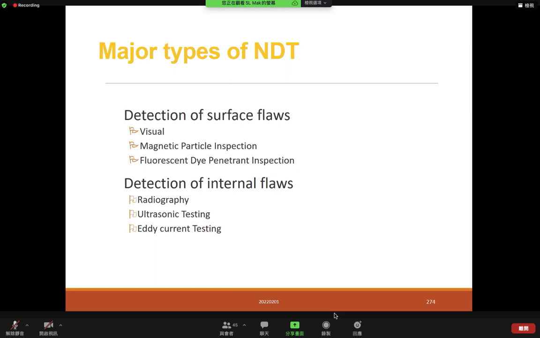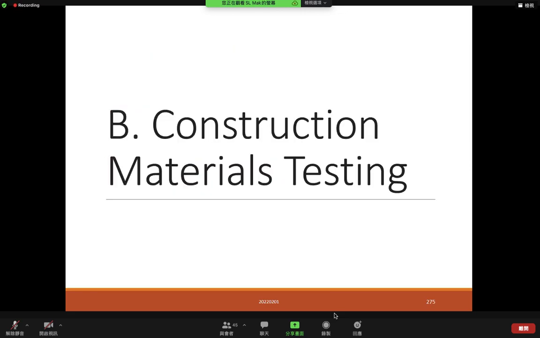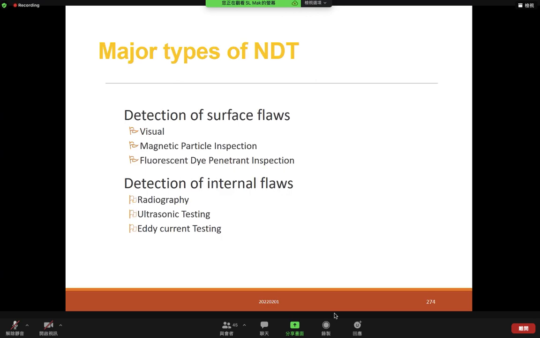All of them can only inspect the surface defect. For the internal flaws, we may use radiography such as gamma ray or X-ray, ultrasonic testing and eddy current testing. I think some students already practiced the technique.